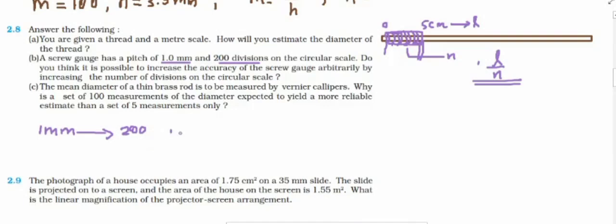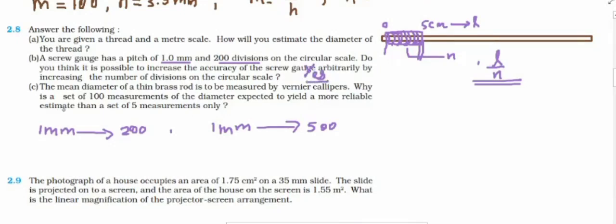Now suppose arbitrarily we increase the number of divisions on the circular scale. Suppose it becomes 500, which means 1 millimeter is divided into 500 parts. Then naturally, the accuracy of the measurement will increase. So the answer is yes, it is possible.